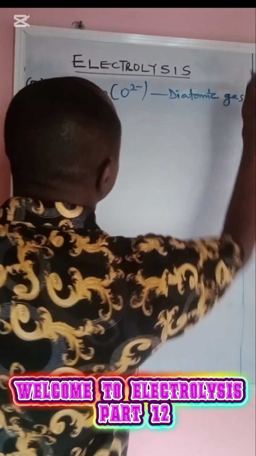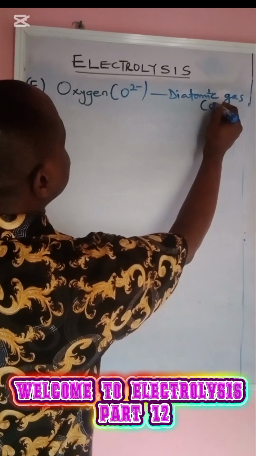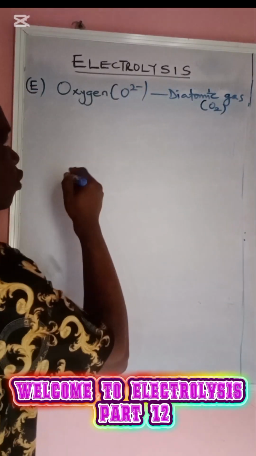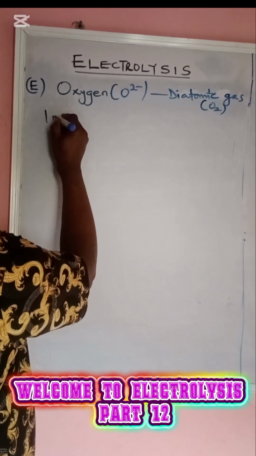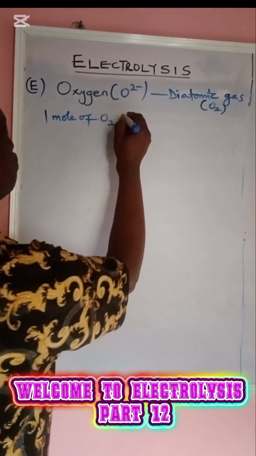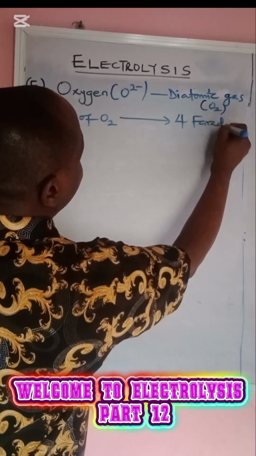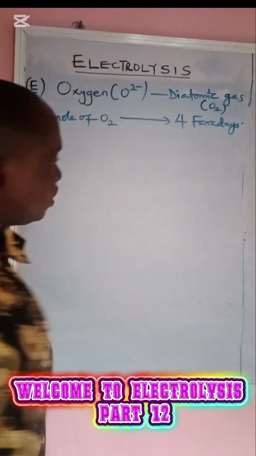So oxygen is written as O2, like this, so 2 times 2, 4. It means 1 mole of oxygen to be liberated will require 4 Faradays. Take note of that. It requires 4 Faradays of electricity to liberate oxygen.